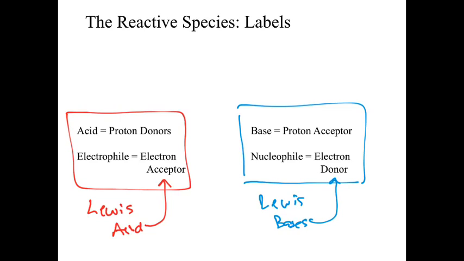And this becomes the differentiation between these definitions. Lewis covers everything. And because it covers everything, it's pretty much a useless definition. So when I talk about acids and bases, I am not referencing the Lewis definition because it covers too much.